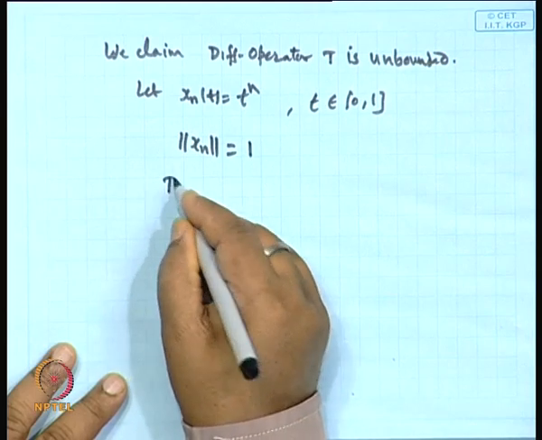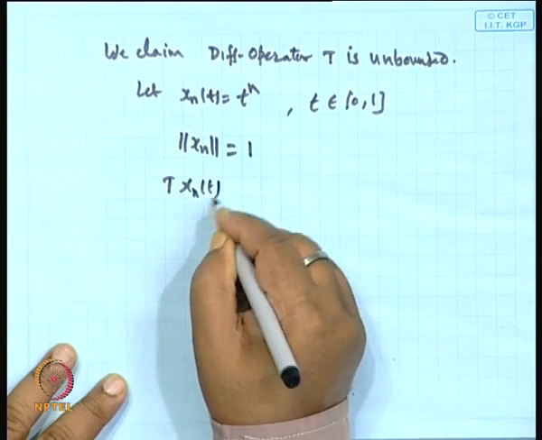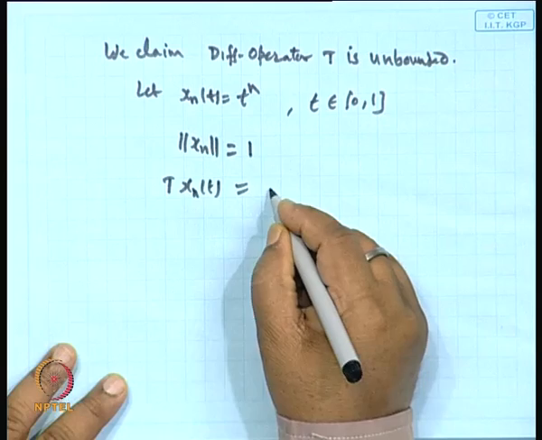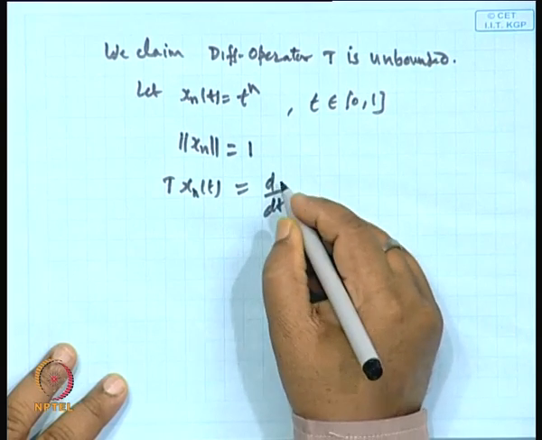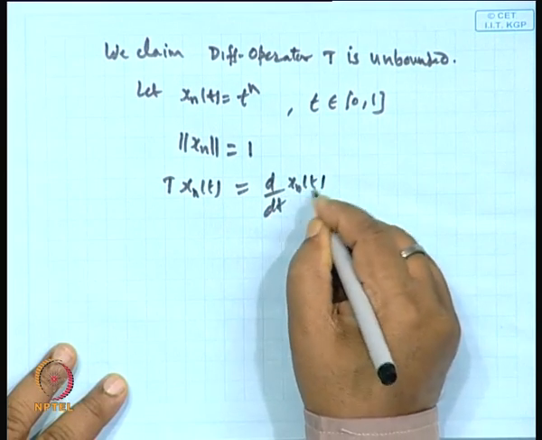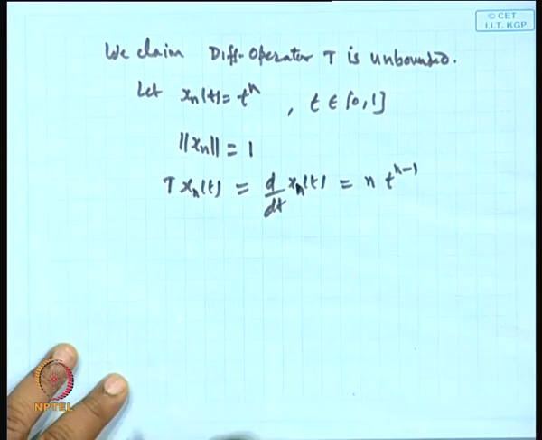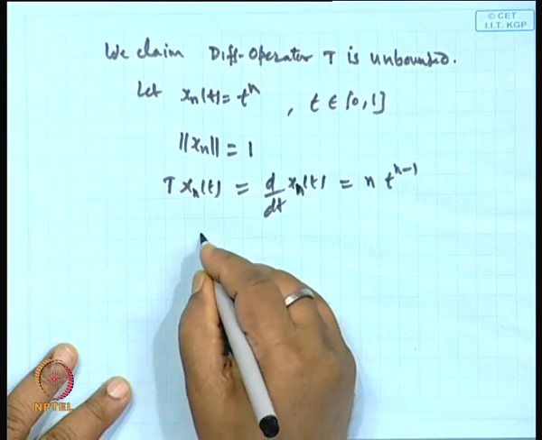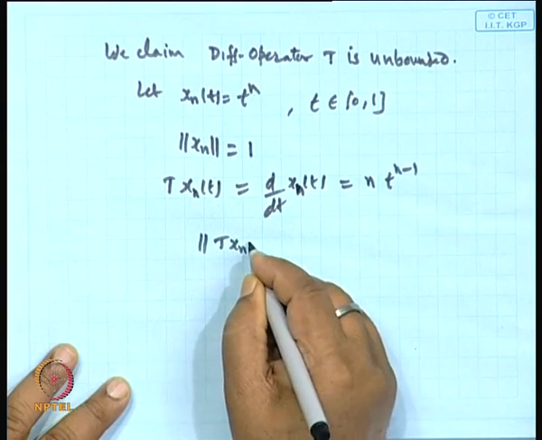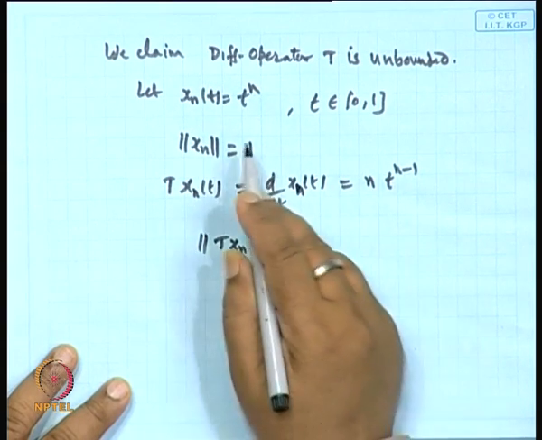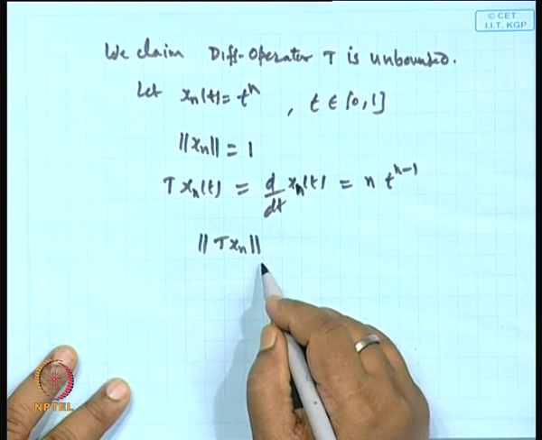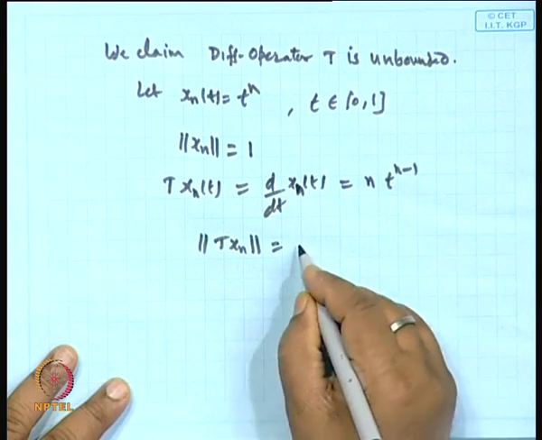When we operate T on x_n(t), the operation will give the derivative of x_n(t) with respect to t, and that becomes n t to the power n minus 1. So, the norm of T x_n, because it is also a polynomial, is defined as the maximum of this.